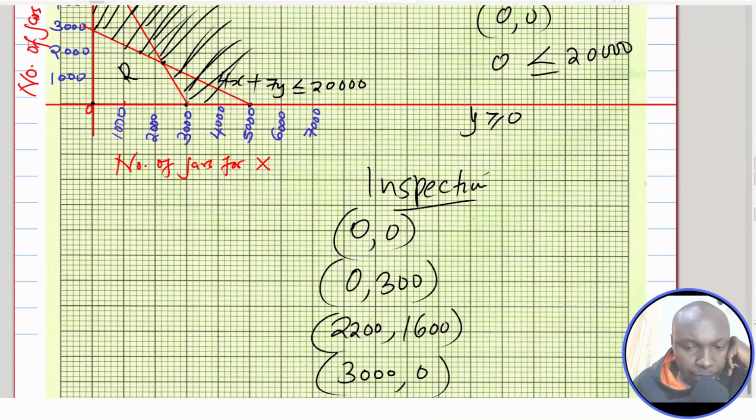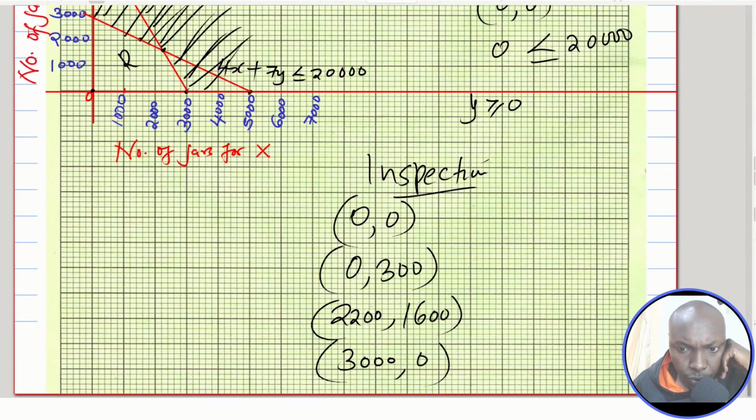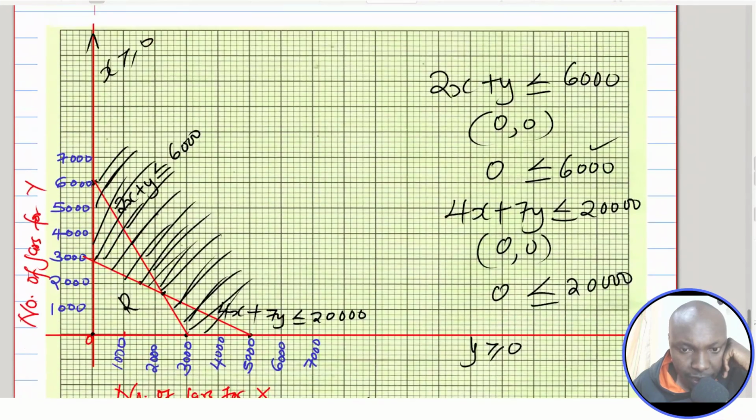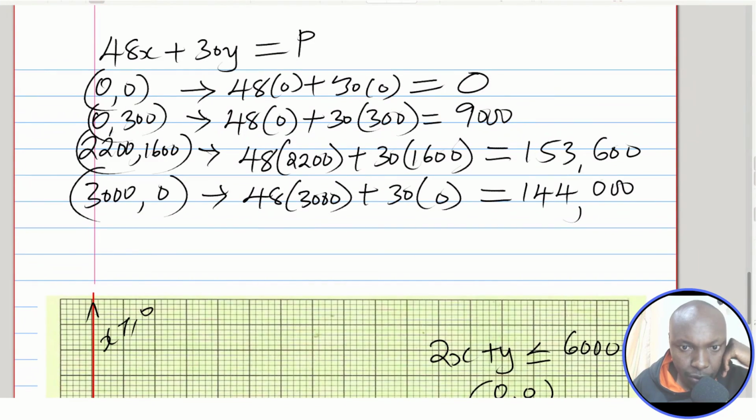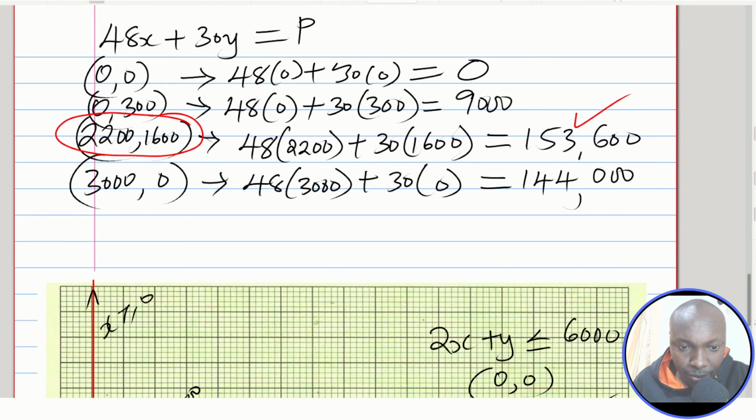Now after inspecting all the corner points of the feasible region, what we need to do is check which one has given us the maximum profit. Automatically you can see that 2,200 and 1,600 has given us the maximum profit, and therefore we can answer the question.